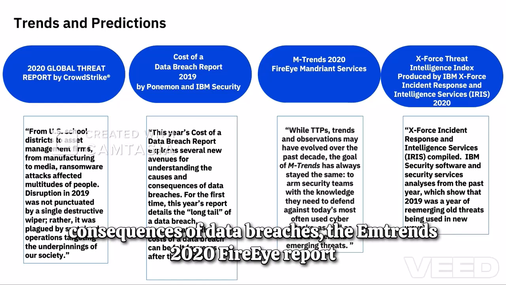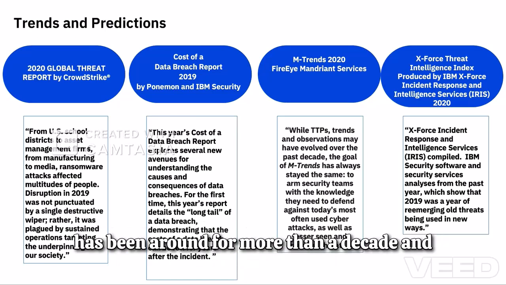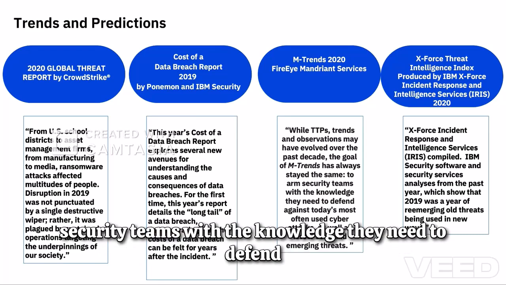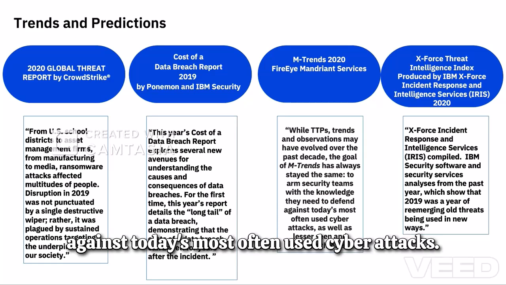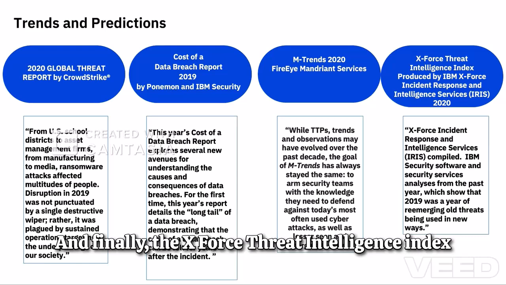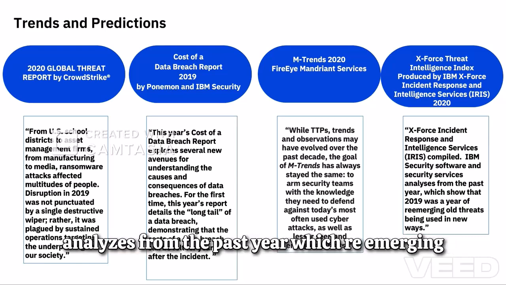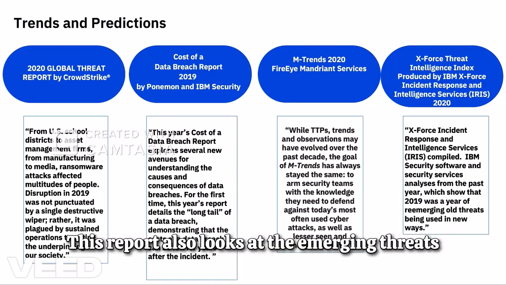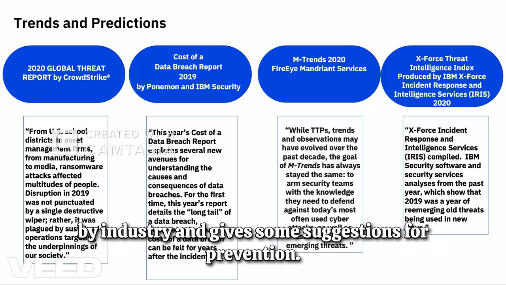The M-Trends 2020 FireEye report has been around for more than a decade, and the goal is always the same: to arm the security teams with the knowledge they need to defend against today's most often used cyber attacks. And finally, the X-Force Threat Intelligence Index analyzes from the past year which re-emerging old threats are being used in new ways. This report also looks at the emerging threats by industry and gives some suggestions for prevention.